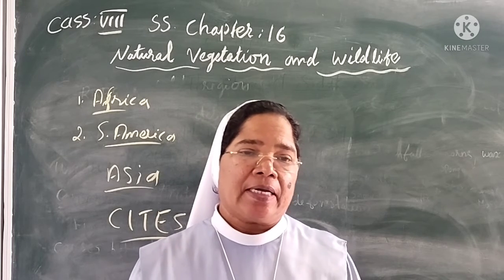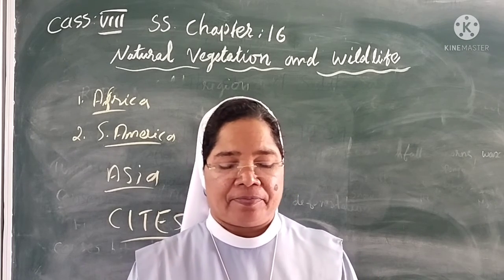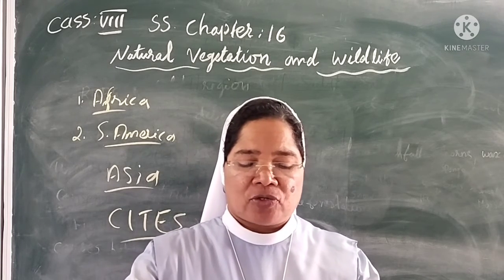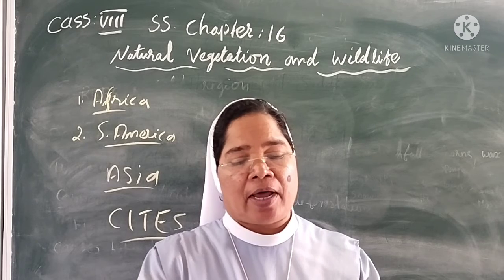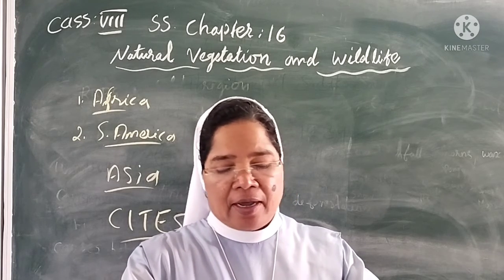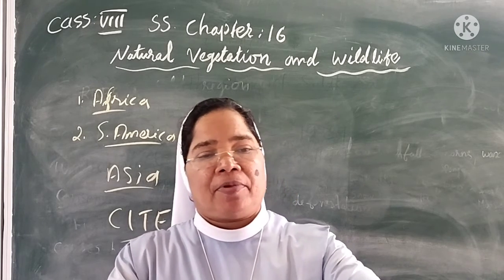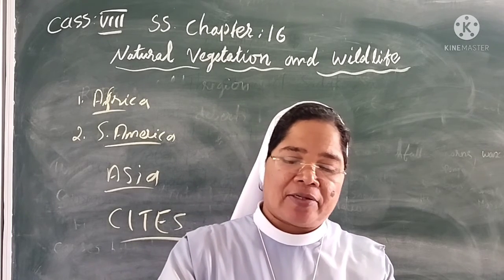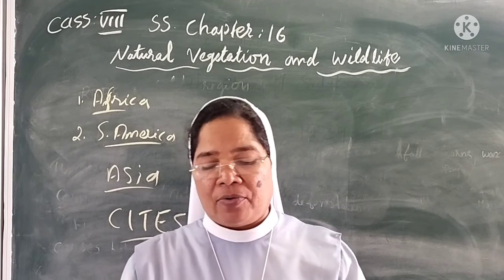So we have to keep our wildlife and national parks, and also we should keep our animals. We are the children, so we have to learn now how to keep the forest, and how to keep the animals and plants. Now let us conclude this lesson.